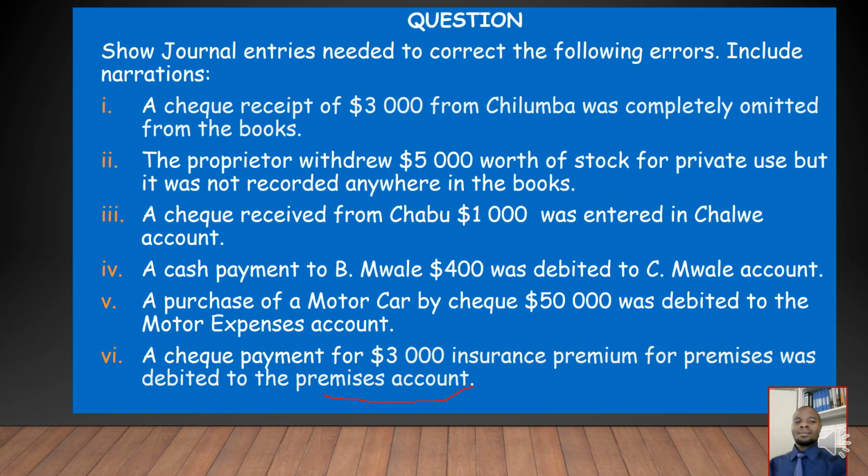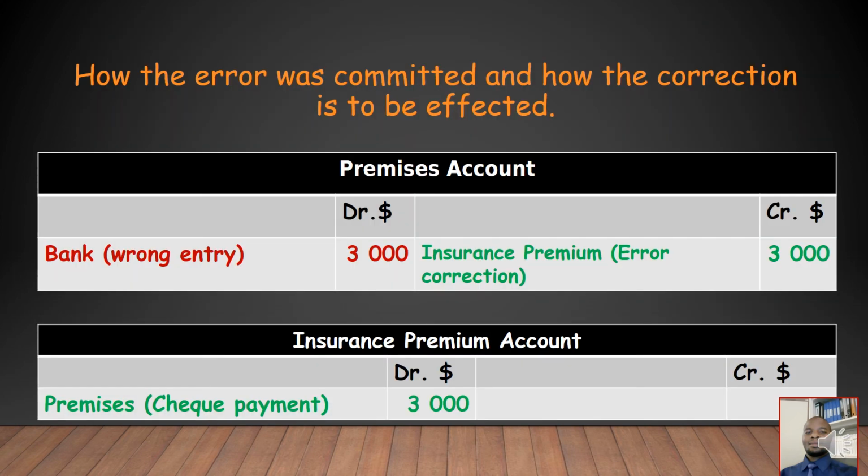So what are we saying? We need to remove the entry that was made in the premises account and enter it in the insurance premium account. So to remove something from the premises account, which is an asset account, the rule is to subtract from an asset, you credit, and to add to an asset or to an expense, what do you do? You debit.